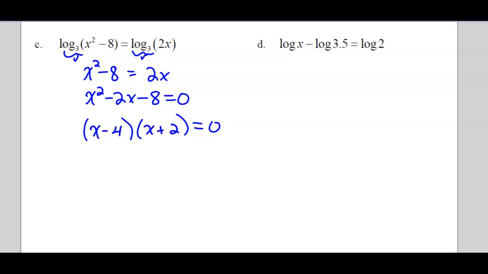Okay. What is the equation defined for? For this, x has to be greater than 0. So right away, we know that it's not going to be negative 2.